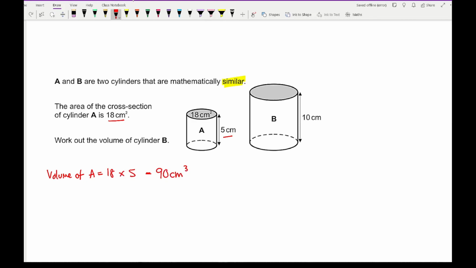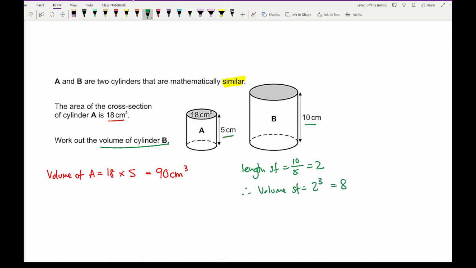Now I'm just going to leave that on the side, and work out what the volume scale factor is, because I need to work out the volume of B. The length scale factor is 10 and 5, so it's 10 divided by 5, which is 2. That means that the volume scale factor is going to be 2 cubed, which is 8.